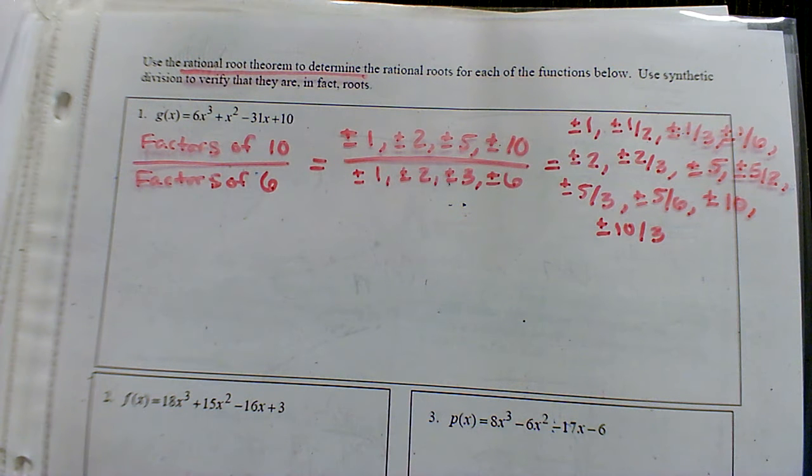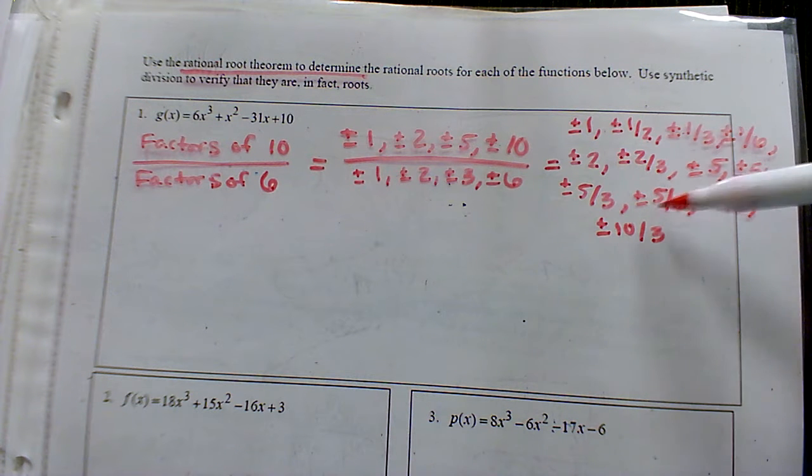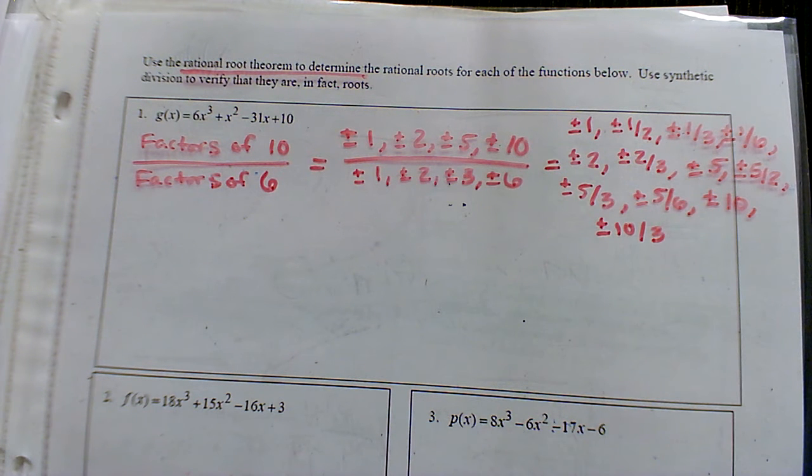Remember, if your fraction simplifies or reduces to a possibility you've already listed, you don't have to write it again. I think we should have 12. Yeah, looks like you should have 12 possible x-intercepts with the pluses or minuses.